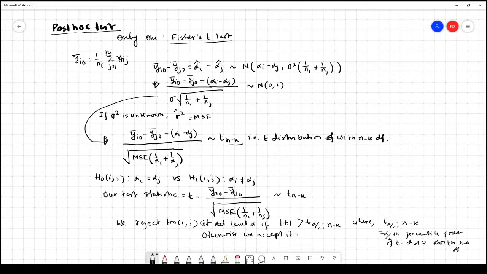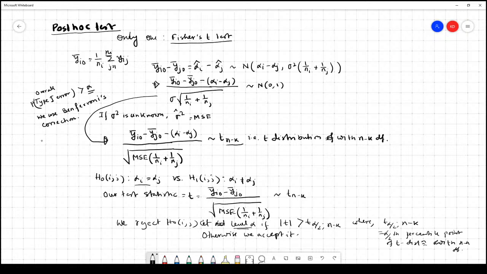But here we see that if for each pair we use level alpha, then the overall probability of type 1 error will exceed alpha. So for this reason we use Bonferroni correction.